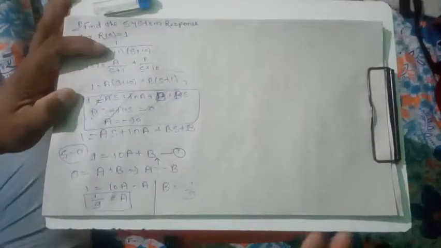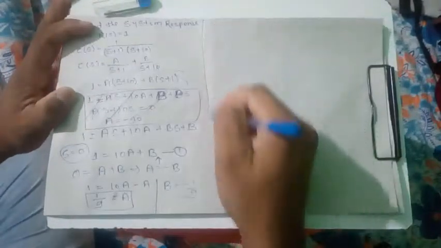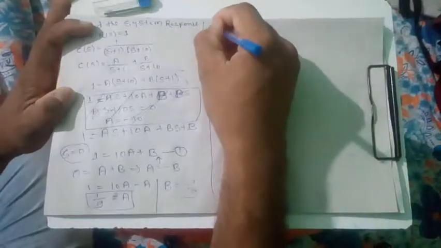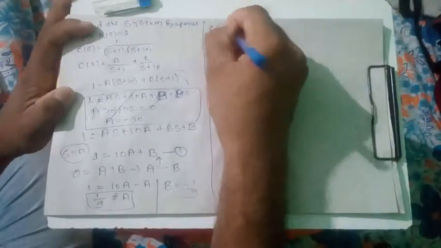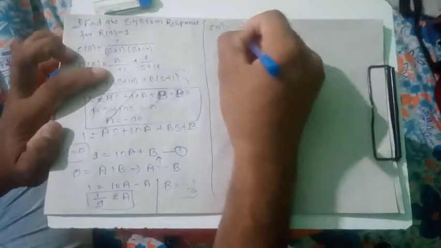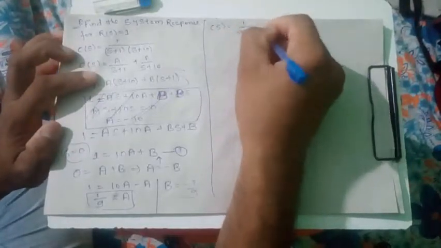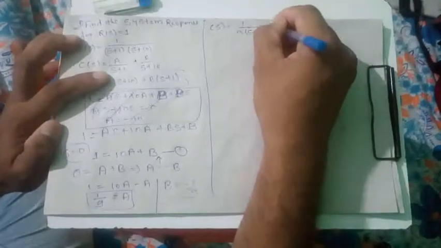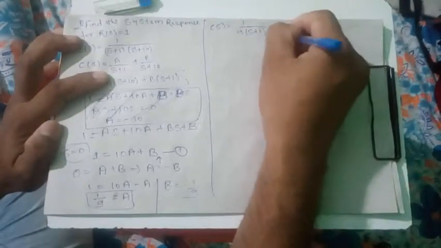So C(s) equals 1 by 9 into (s plus 1) minus 1 by 9 into (s plus 10).